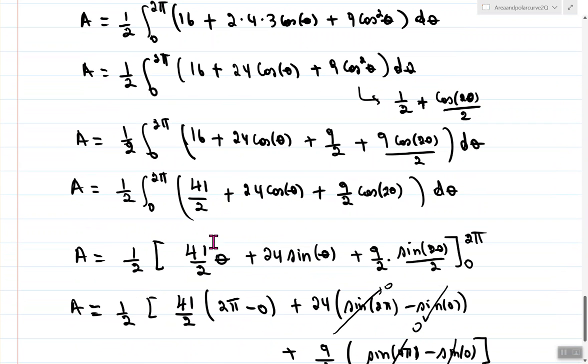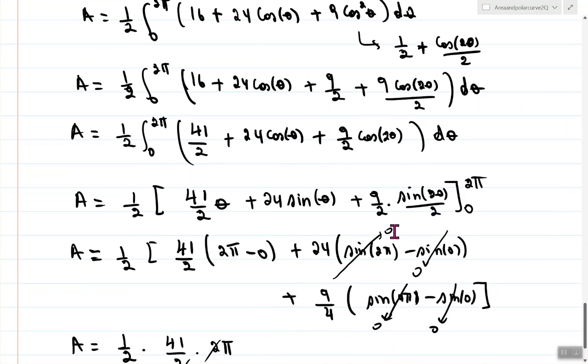You integrate the first one, you get 41 over 2 theta. You integrate cosine, you get sine. You integrate cosine 2 theta, you get sine 2 theta over 2, and then times 9 over 2. You evaluate each term at 2 pi and 0. Of course, you keep bringing a half down.